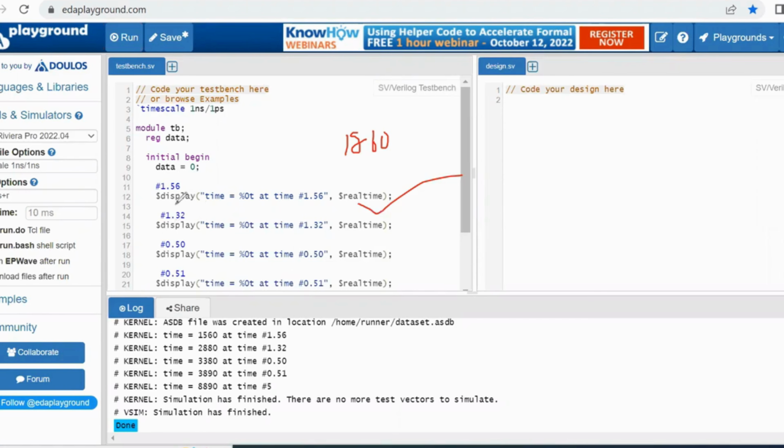And then 1.32 is 1320, so 1560 plus 1320, which is 2880, at that time the second statement will be executed. Here there is no need to round off because these are already integer values. Next 0.50 into 1000, whatever value we get, we add that value to the previous value.